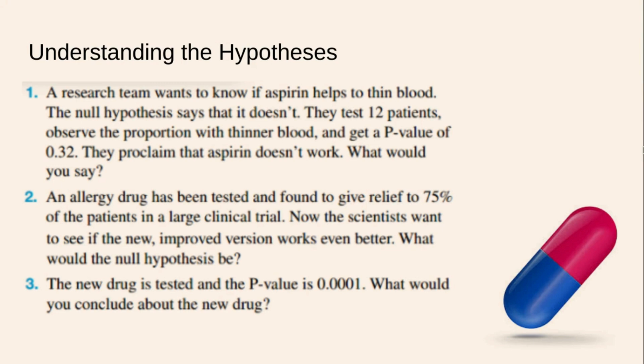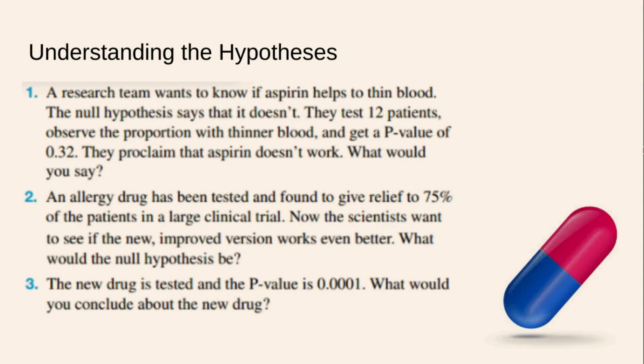Number 1 is a fascinating and interesting problem. A research team wants to know if aspirin helps to thin blood. The null hypothesis says it doesn't, all right, so no effect on the blood. They test 12 patients, observe the proportion with thinner blood, and get a p-value of 0.32. They proclaim that aspirin doesn't work.